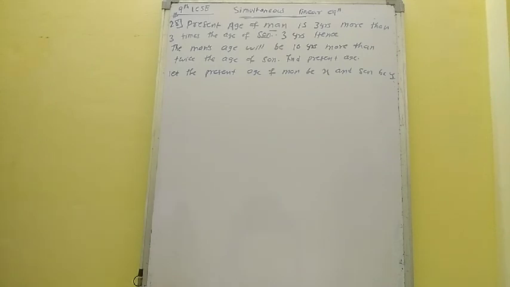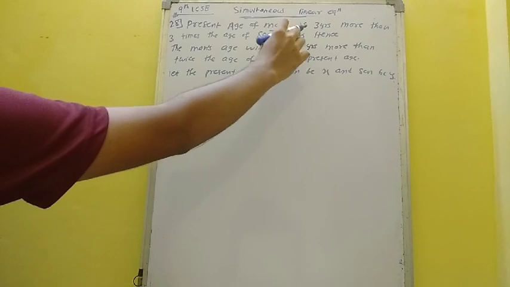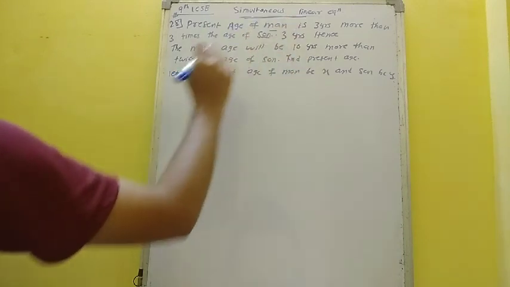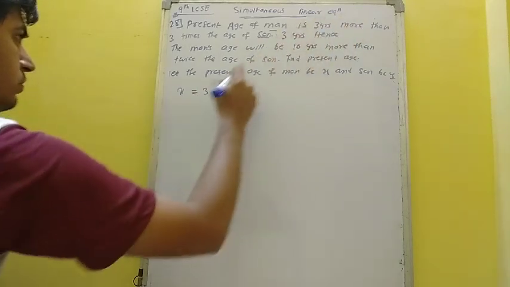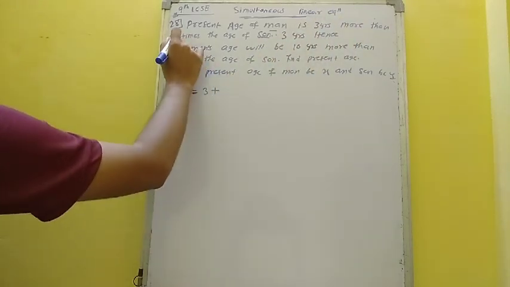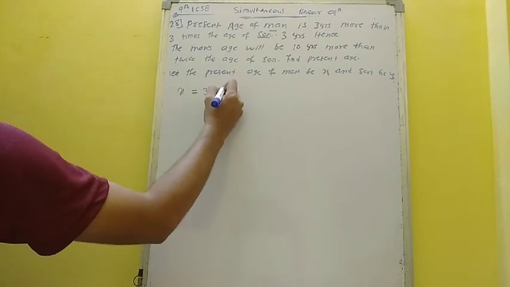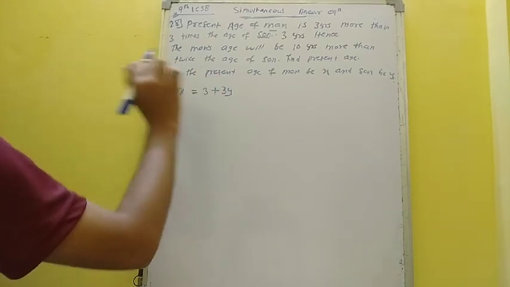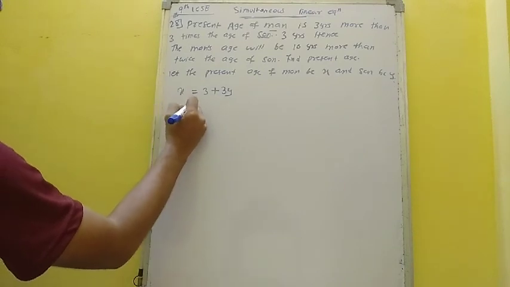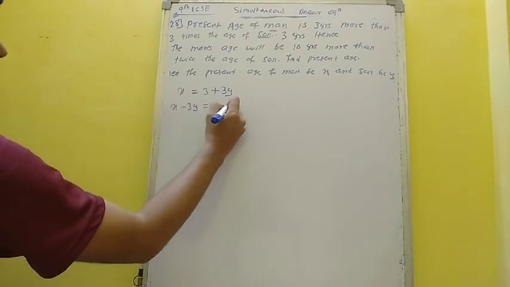Present age of man is x, which is 3 years more than 3 times the age of the son. So x minus 3y is equal to 3.